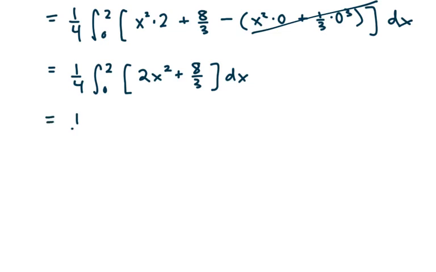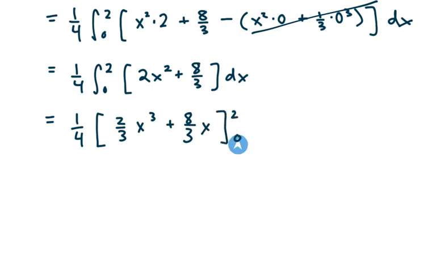Now, these terms are easy to integrate using the power rule. So I have 2/3 x cubed plus 8/3 x from 2 to 0. Obviously, when I plug in 0, those are going to zero out. So I just need to evaluate this at 2, which gives me, I still have this 1/4 out in front.